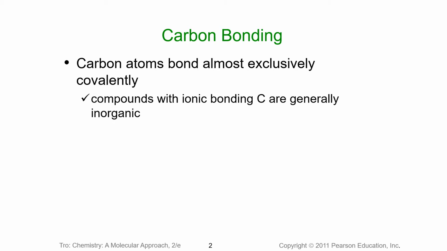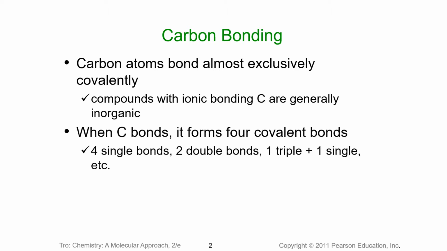So there are a few inorganic carbon-containing compounds, and those are the ones that have ionic bonding, like carbonate and a few others. However, carbon prefers to share electrons, and when it shares electrons, it forms 4 covalent bonds.